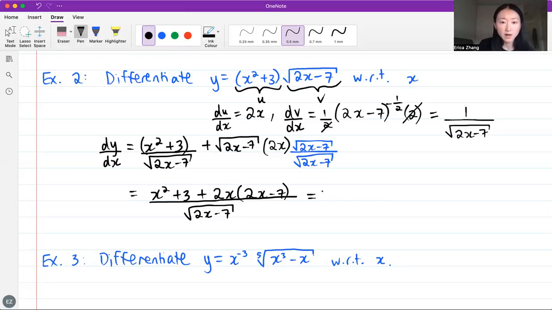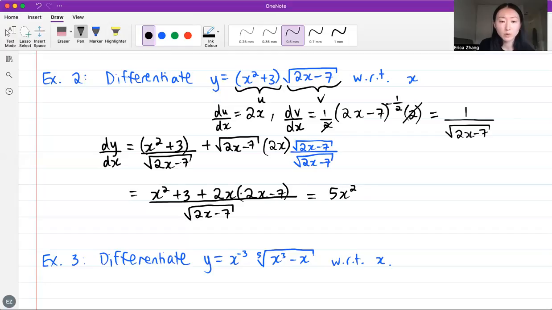Now we can simplify by combining like terms in the numerator. So we have x squared here, and after expanding the brackets on the right, we get 4x squared. So x squared plus 4x squared is 5x squared.